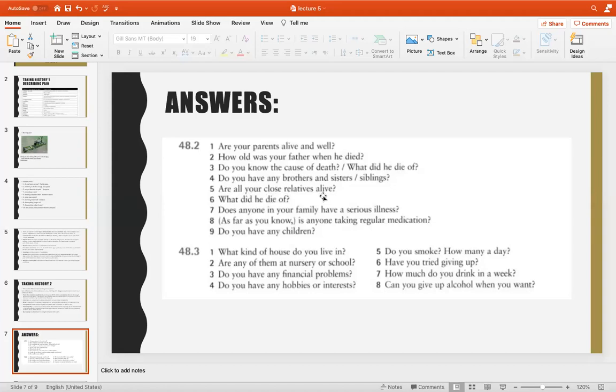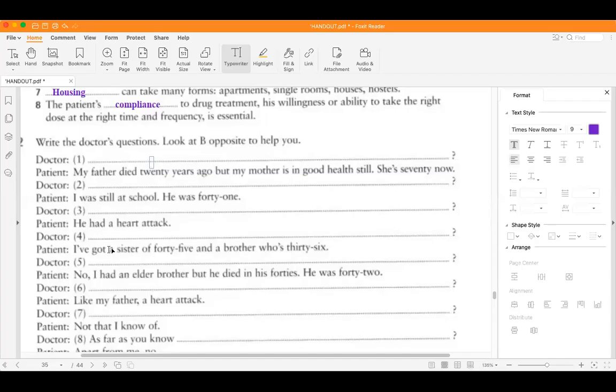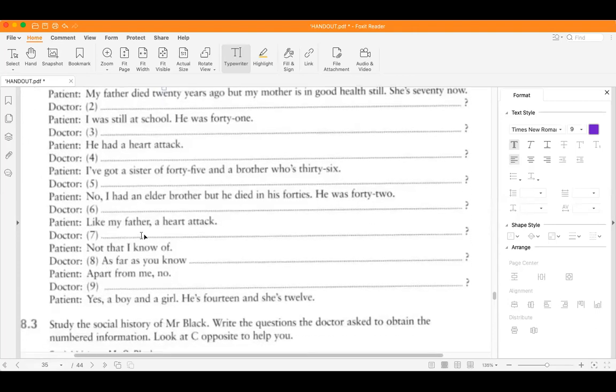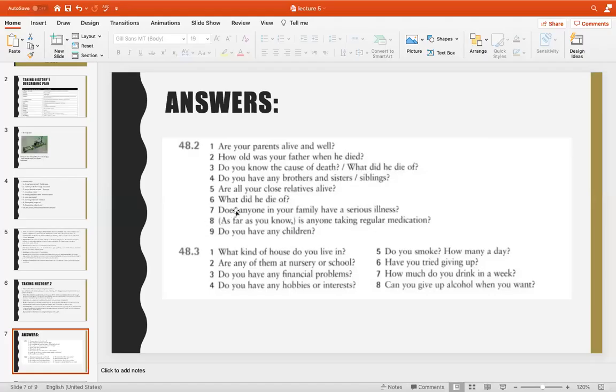So one of his brothers died. Like my father, a heart attack. So the question here will be about the reason of his death. What did he die of?